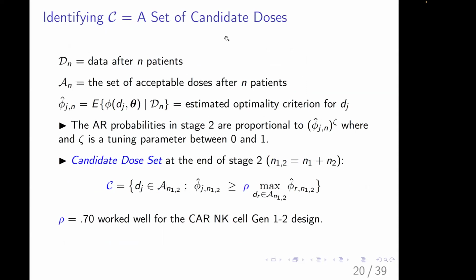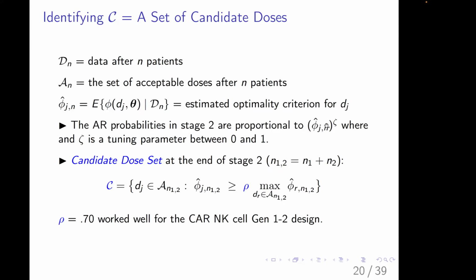Now, to identify a set of candidate doses, let's denote the data after n patients by calligraphic D sub n. Calligraphic A is the set of acceptable doses. And then phi hat sub jn is the expected value of your short-term criterion for dose j. And this is what you would use to pick doses if you're just doing phase 1-2. And then the AR probabilities, you can do it any way you like.